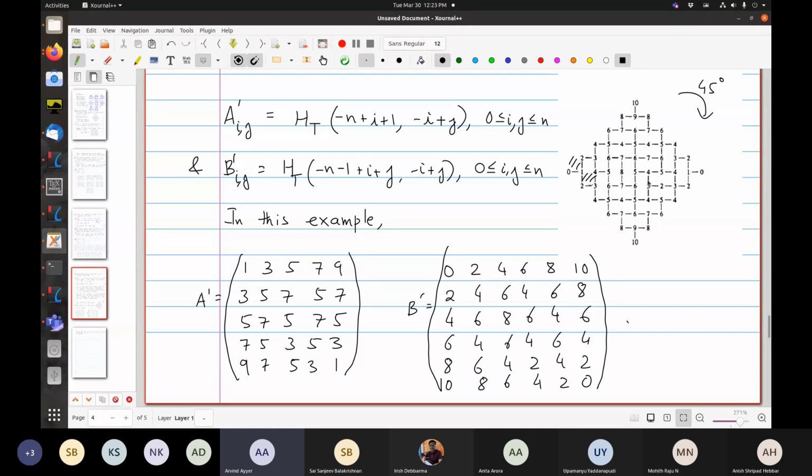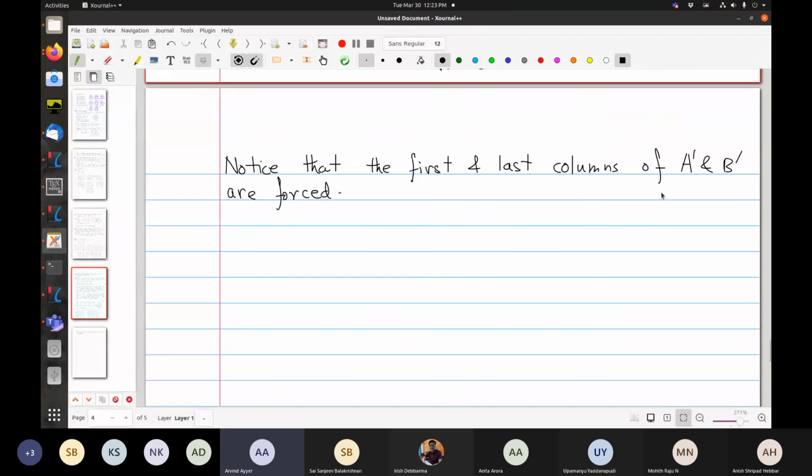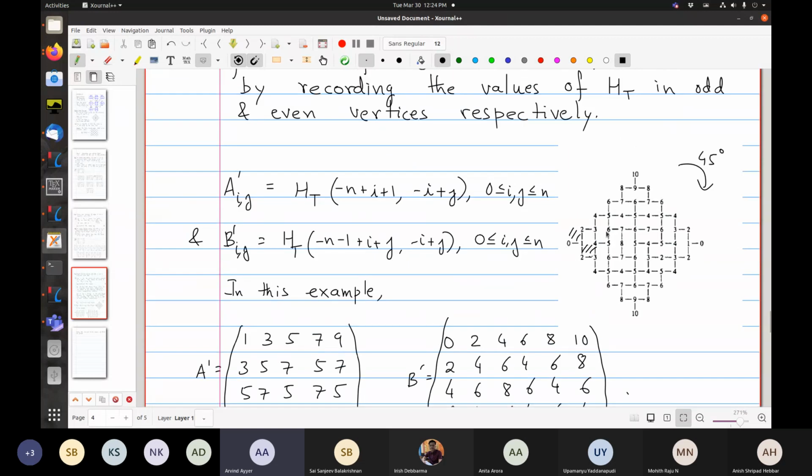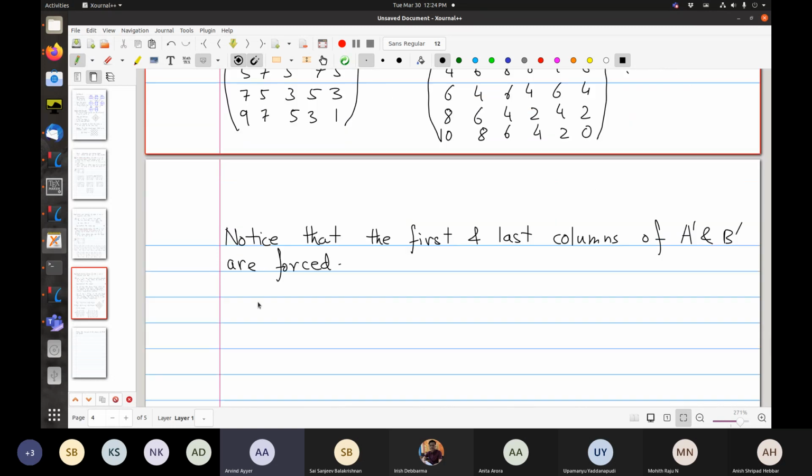Okay. So similarly, all the vertices in the inside of the boundary are forced, but only up till the first level. Then they can change. And now you can see the structure of these. These are all odd entries. These are all even entries, and you can see the condition. As you read along any row or column, the entries change by 2.